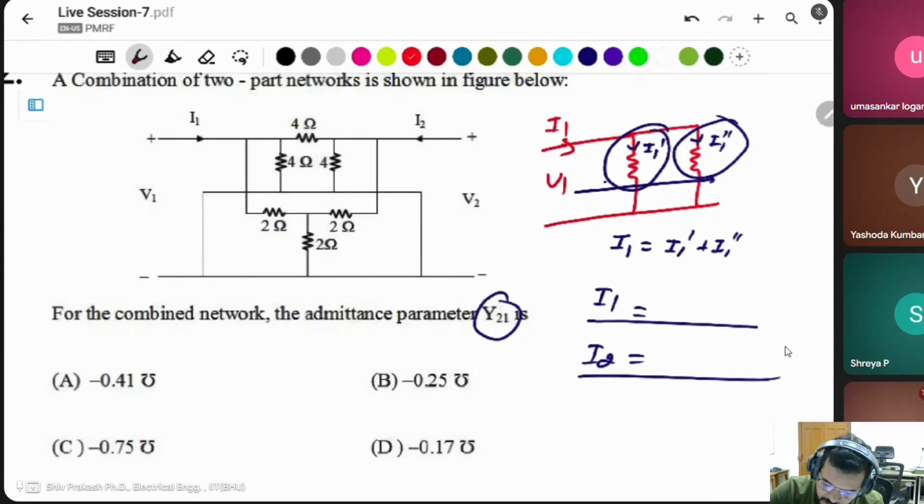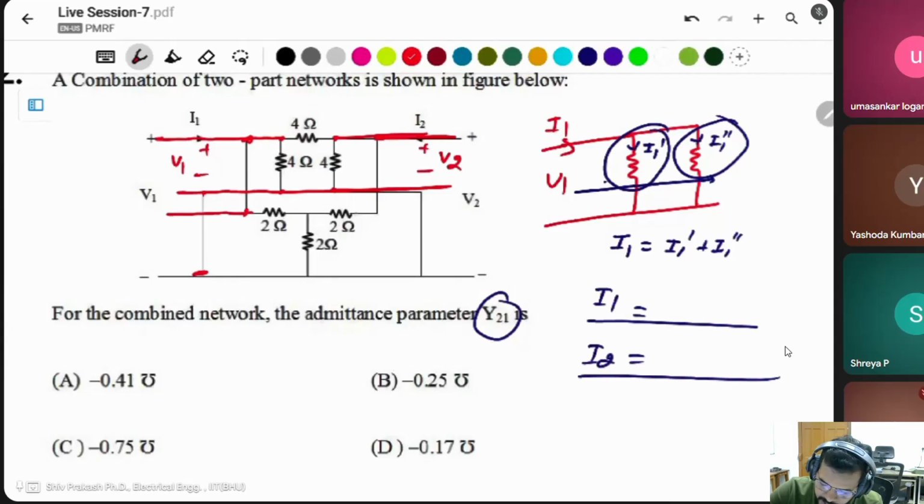In this case, suppose this network is connected like that, and this is the same as this one, then this is the one port. One network is this one, plus minus, this is V1, this is V2. Another is this one connected to here.